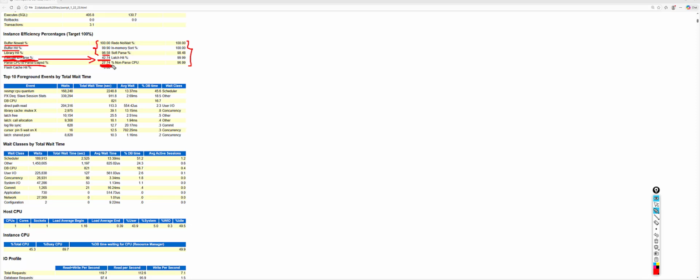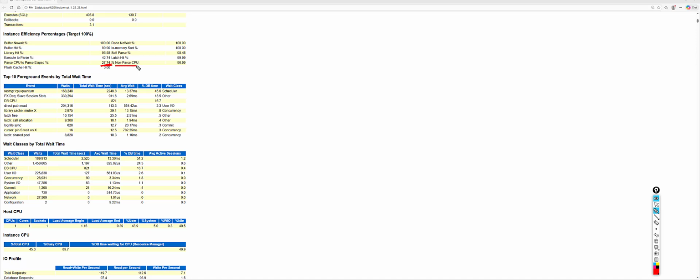If you see a low value here, then your database is not efficiently using CPU for parsing. It is using it for something else other than parsing. In a database, you should remember that CPU is not only used for parsing, it is also used for other things as well, like using the latch for enqueues and other stuff. So the CPU is not efficiently used for parsing.